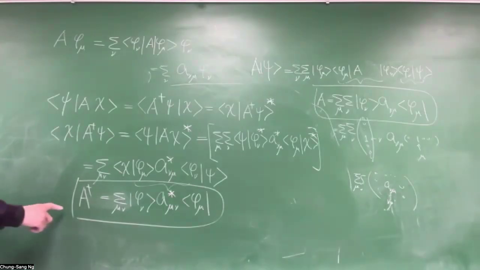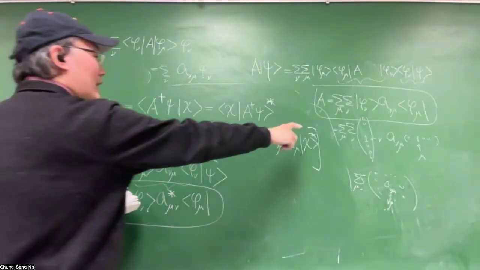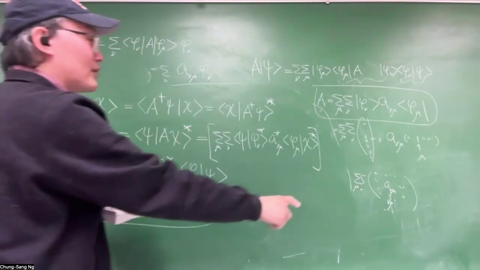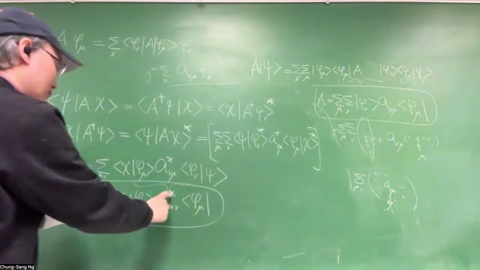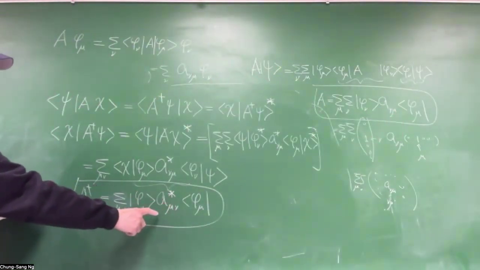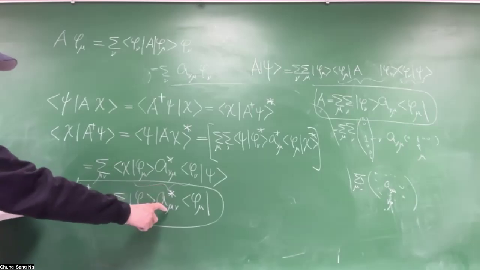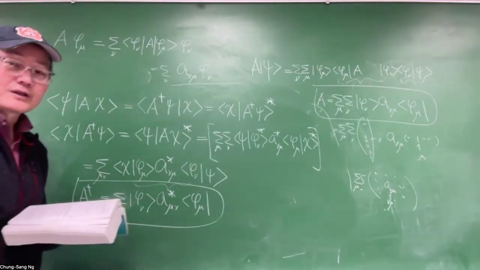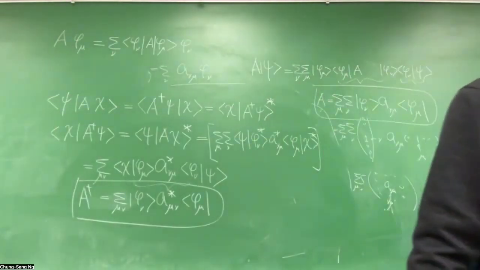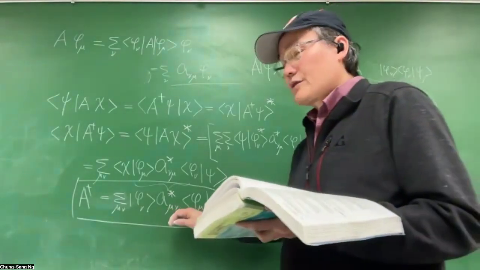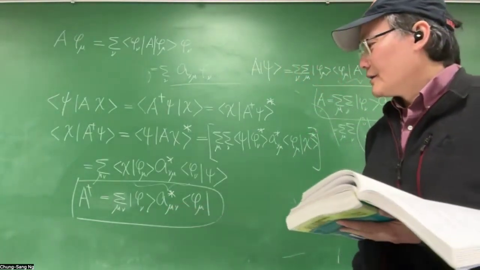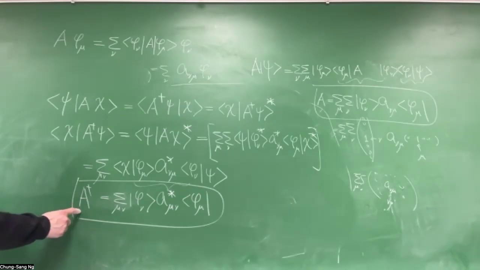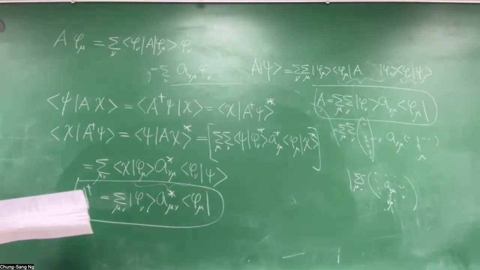So the adjoint is like A, except that the matrix elements change. Instead of A nu mu, you become A complex conjugate mu nu. So you do two things: one is complex conjugate, the other is exchanging the position, which is the way to do the transpose of a matrix. You interchange the first and second index of a square matrix, you get the transpose. So that is the explicit way of relating the adjoint operator to the original operator.